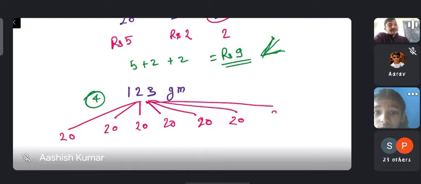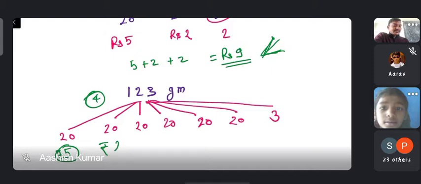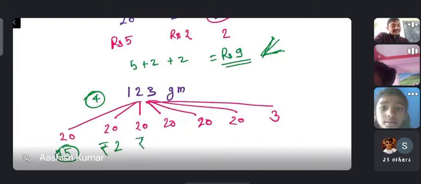So now you have to pay for the first 20 5 rupees. For the second 20 you have to pay 2 rupees. For the third you have to pay 2 rupees, and so on, 2 rupees each.